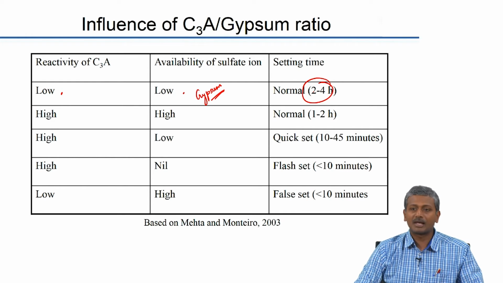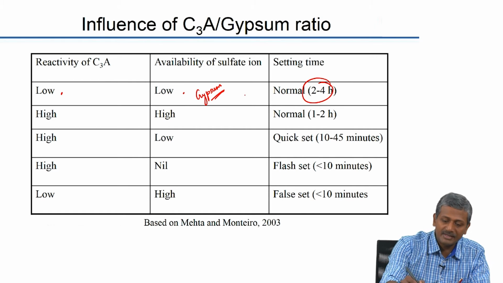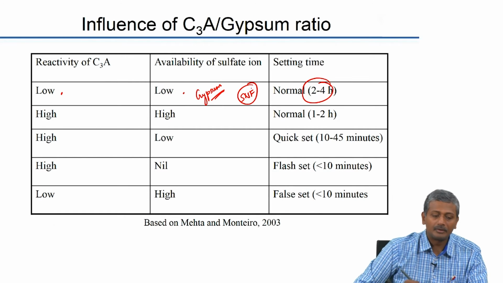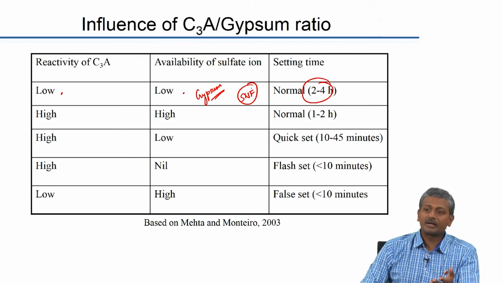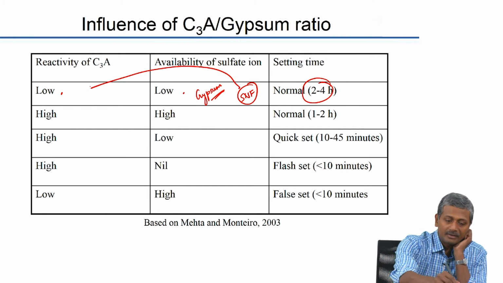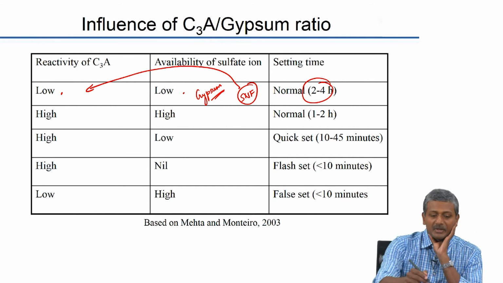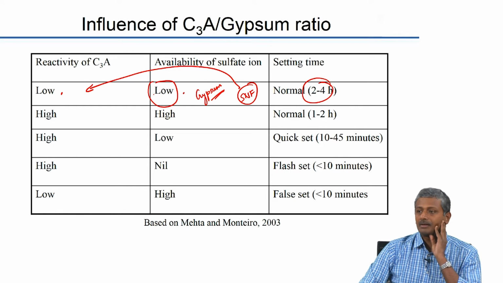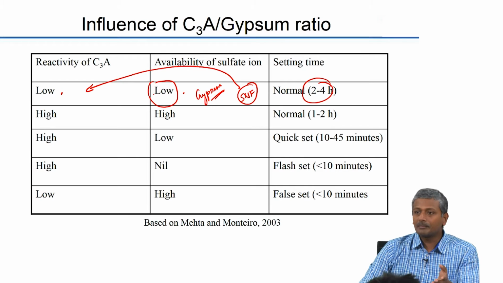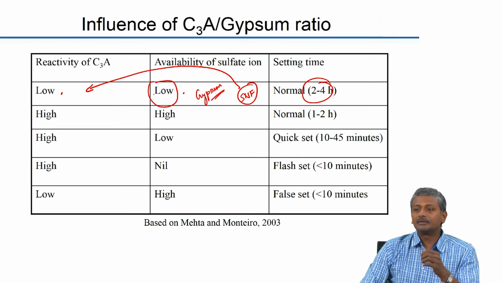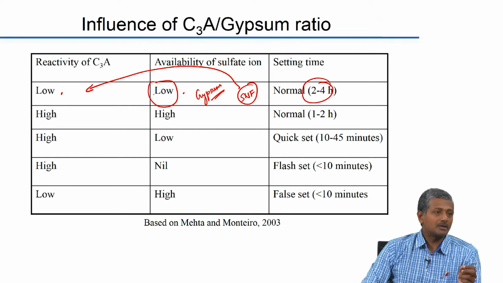Because in this case, when I put in my superplasticizer, what will happen? If I have an SNF superplasticizer coming in, I may cause retardation. Why? Because this SNF is now going to be attracted to the C3A, and my sulfate is available very slowly. So, my interaction of the C3A with sulfate may not happen immediately. In the meantime, my SNF may start getting attracted to the C3A particle and lose effectiveness, which may result in loss of slump, and retardation because C3A is getting blocked, and my setting time may be extended to 6 to 8 hours.